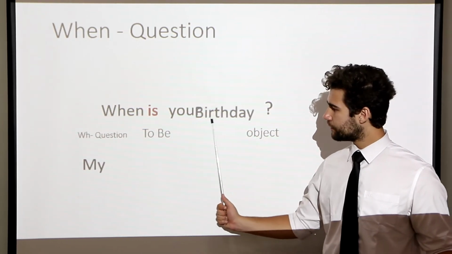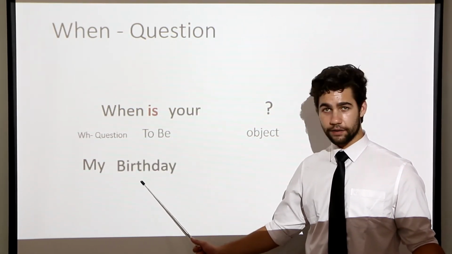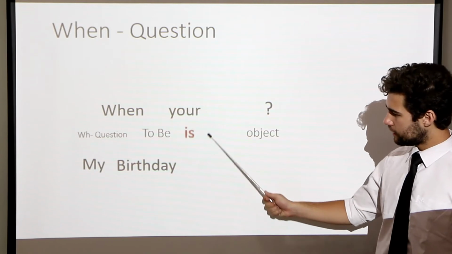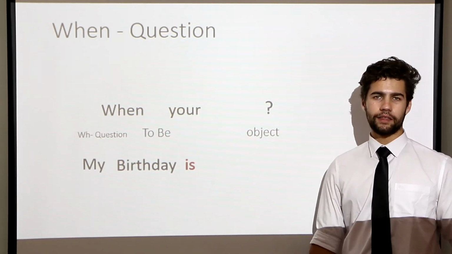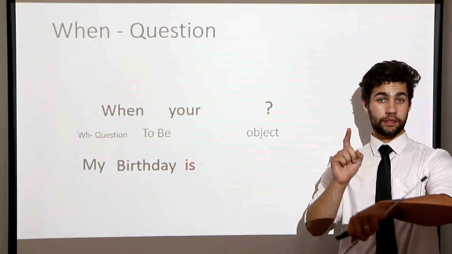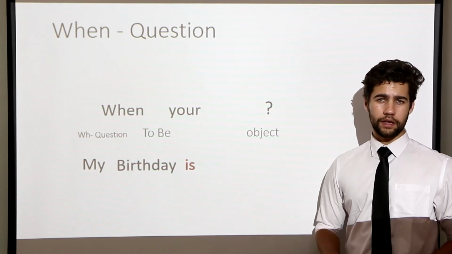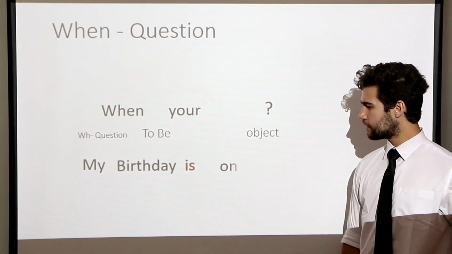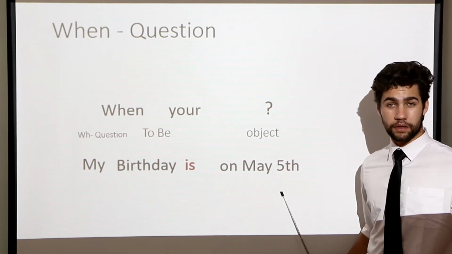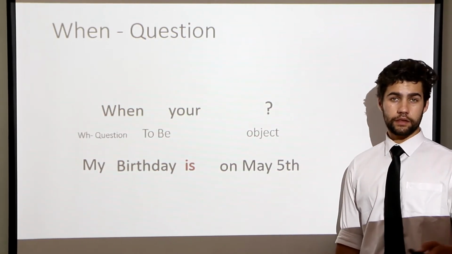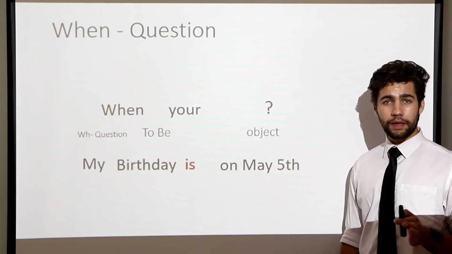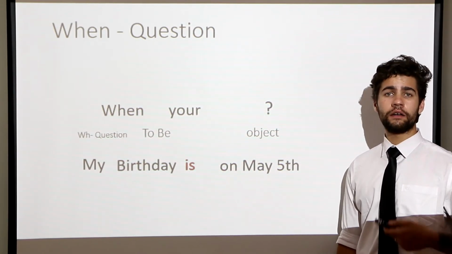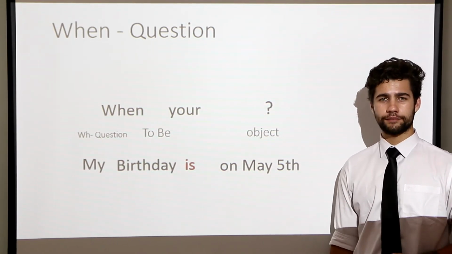My birthday is, and then we always say a time or a date. So, my birthday is on May 5th. Say it with me. My birthday is on May 5th.